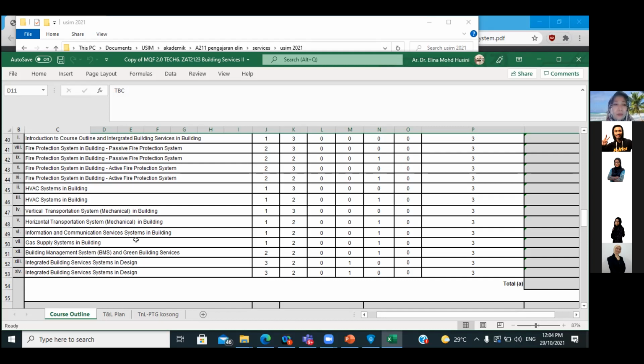Maybe some of the topics can be a very light exercise for tahfiz students, for students who are not so aware of fire protection. Fire protection is very important. Even our moms, sometimes my mom also, they grill everything. Then they tend to forget the key.